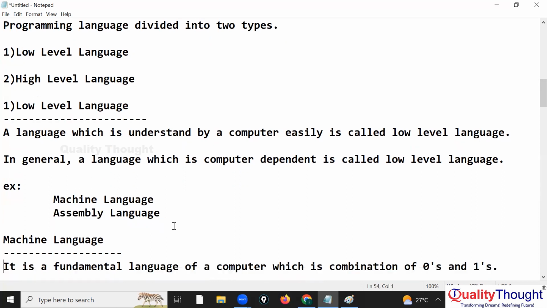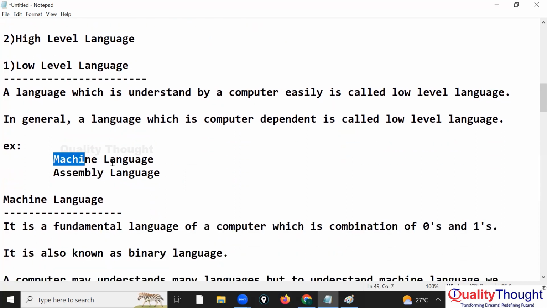And I told you, machine language is a binary language. Assembly language is a symbolic language. And you know very well these languages come under low level. Only the computer will understand, the user will not understand. That is the reason in real time we are not working with low level languages. Understood my point here now?